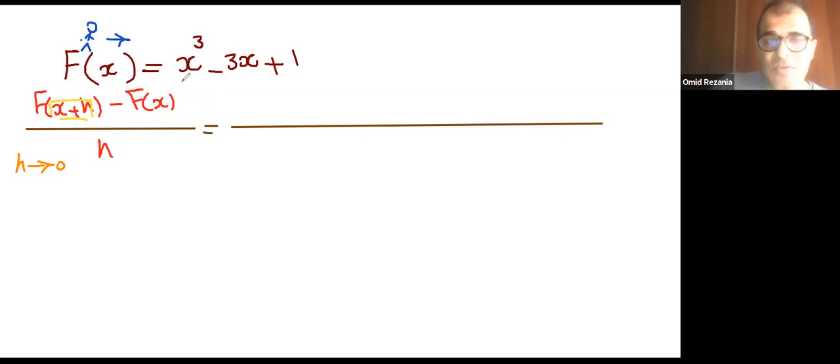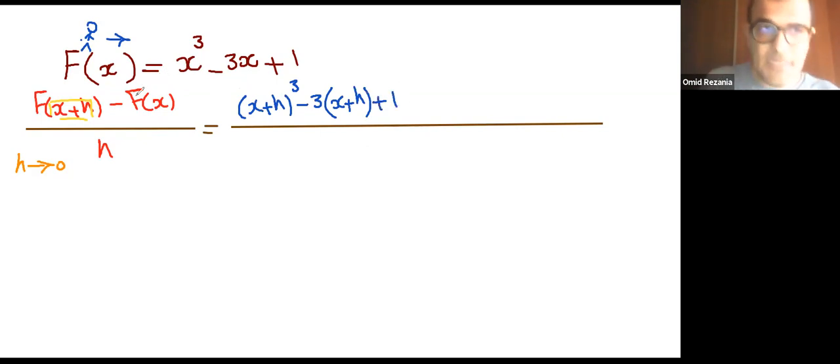Wherever I see x, I remove the x and I plant x plus h. I walk, I reach this one, it becomes (x plus h) to the power 3 minus 3 times (x plus h) plus 1. It is going to be our first term in this equation, which is f of x plus h.